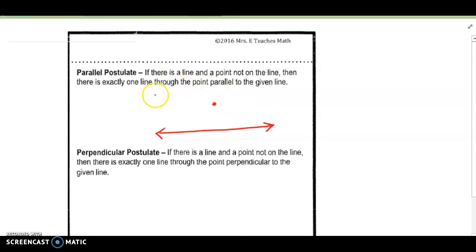So what this tells us is we can only draw one line that's parallel to this. So if these two are parallel, that means this line can't be parallel to it, this line can't be parallel to it. There's only one parallel line that we can draw through this point.